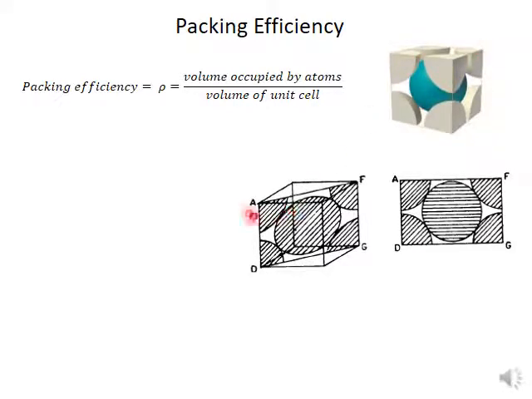That's how it would look. And if you look straight in here, you would see one full atom in the middle and then a quarter atom each at the edges. So what would be the packing efficiency of such a BCC crystal?